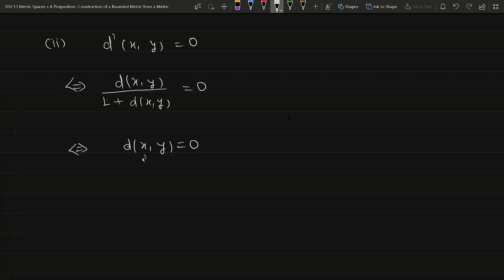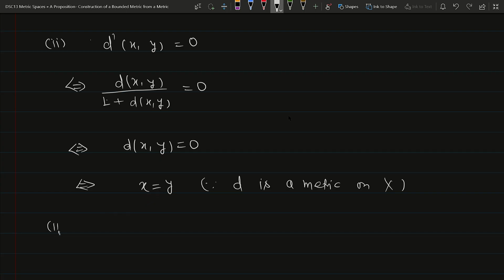Now d of x comma y will be 0 if and only if x is equal to y. Why can we write this? Since d is a metric. This is what we had to prove: if d prime of x comma y is 0, then x is equal to y.